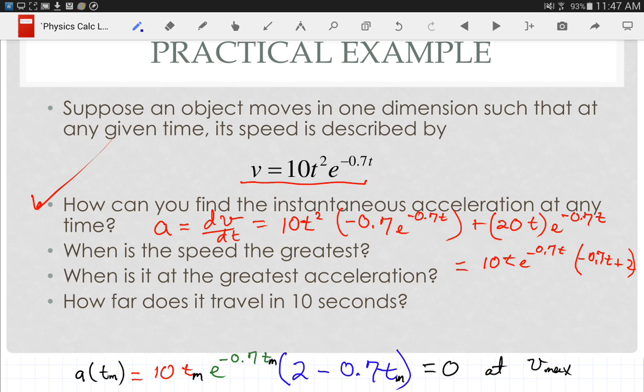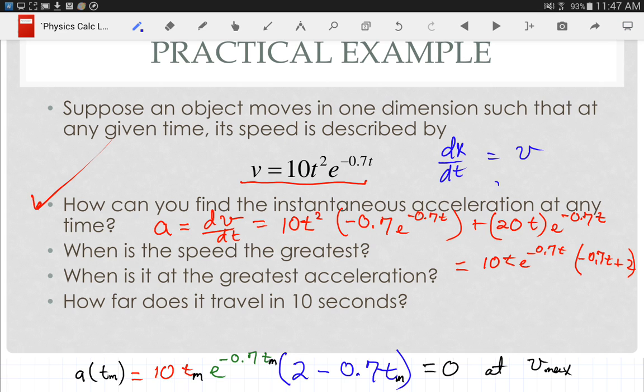And how far does it travel in 10 seconds? That is a different question than everything else we've been doing. How do you find the distance something has traveled? We're going to have to integrate. We have the relationship that dx/dt equals v.